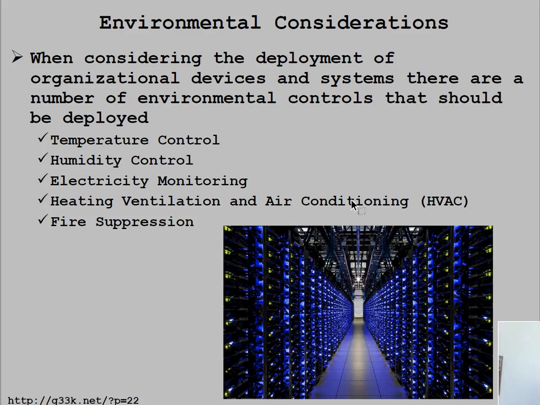And we'll go into each one of these a little bit further, but things like fire suppression, HVAC. We also get into electricity and humidity. You probably don't want a lot of humidity if you have a lot of servers and Bitcoin miners or whatever you're doing. You don't want to mess up those high-end machines.